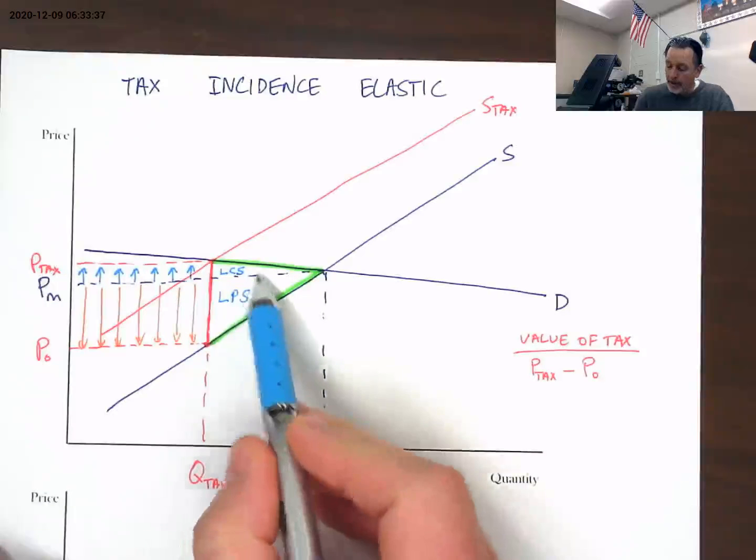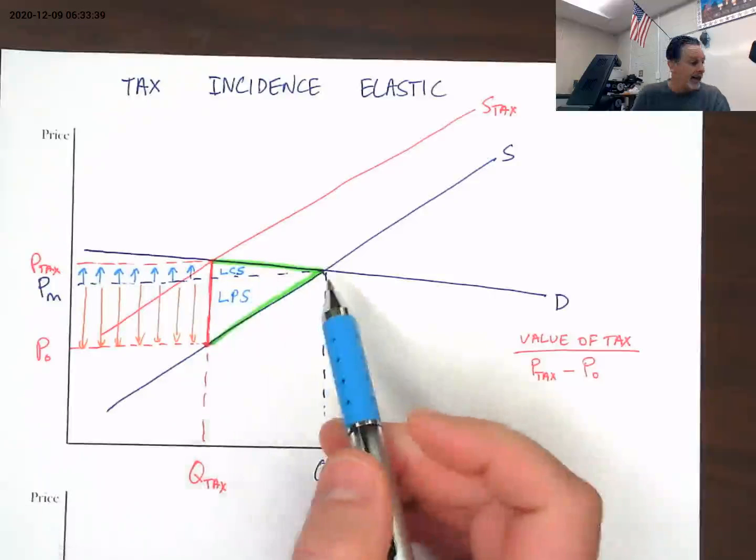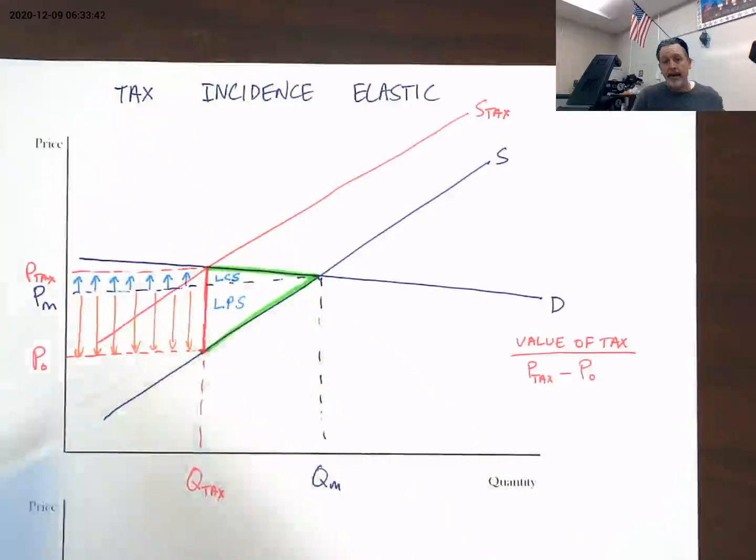And so we see in this particular case that the producer is the one that is garnering much of the deadweight loss simply because the consumers weren't really all that intrigued by this good or service anyway. We can tell because their demand was relatively elastic. Leaving the marketplace for them is not such a big deal because of the elasticity. Leaving the marketplace for the seller, on the other hand, they're losing consumers.